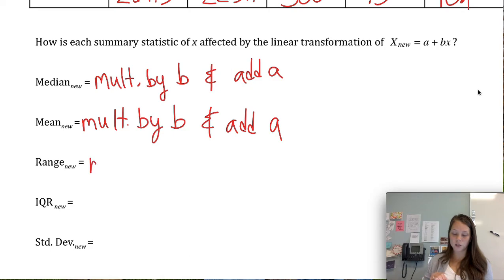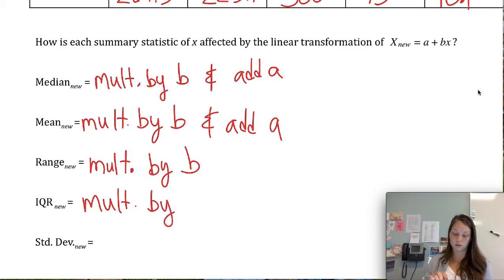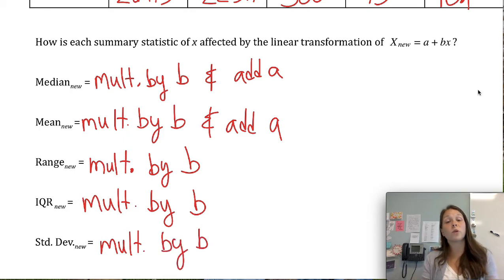Your range is only affected by the multiplication or the scale factors. Your interquartile range is also only affected by those scale factors. And your standard deviation is only affected by those scale factors. So if we think about transformations, if we're taking our whole data set and we're scaling it up or down by a number, all of these values are affected.